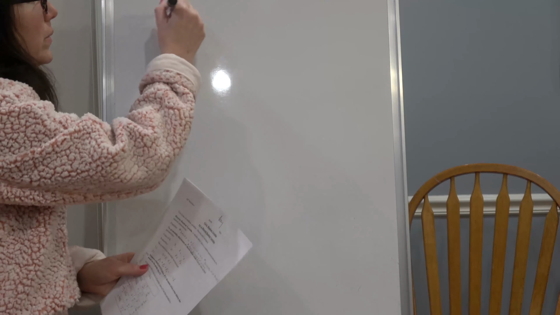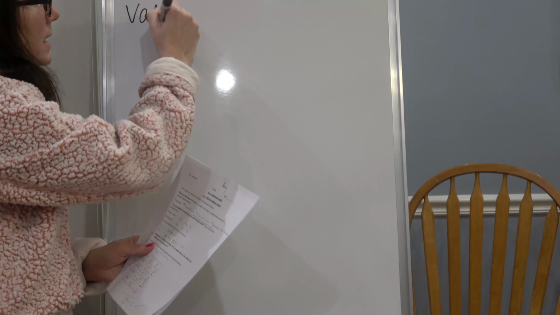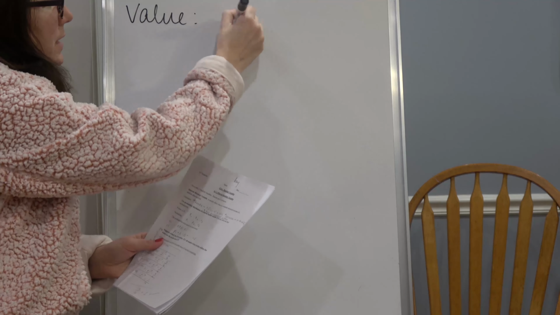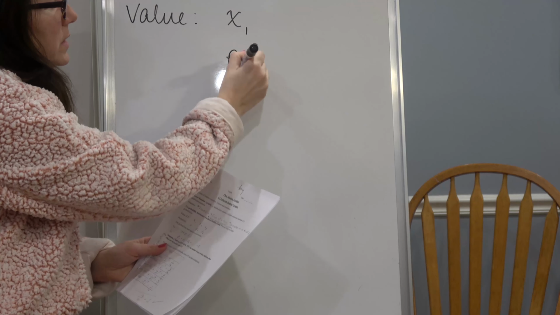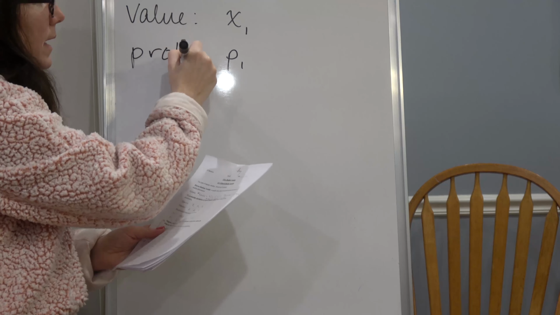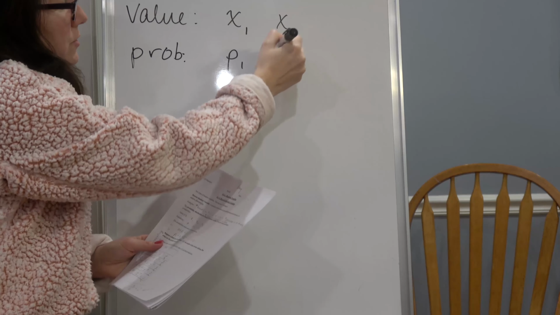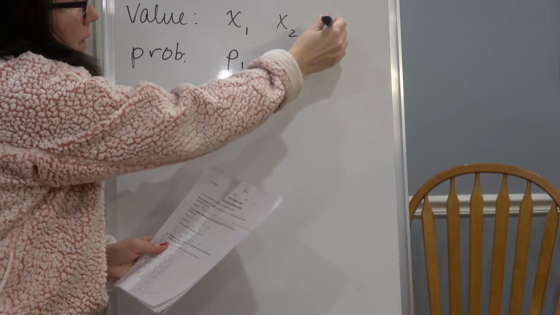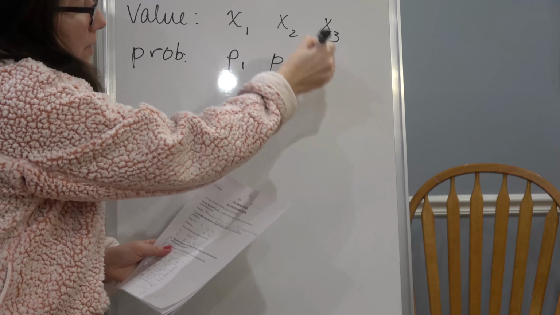When you have a discrete random variable, you're going to have a value, and that value will be associated with the probability. Okay, so each one of these matches up with a probability.